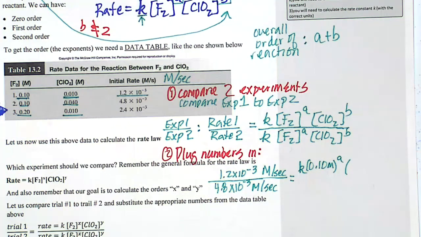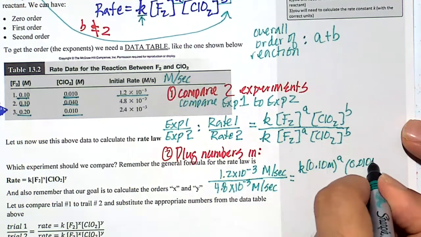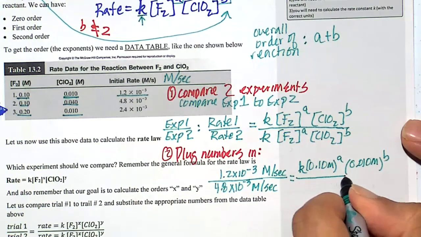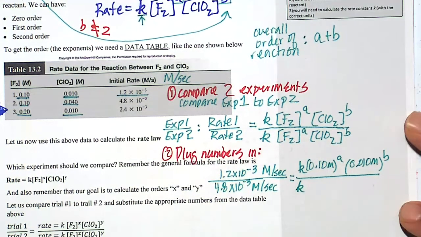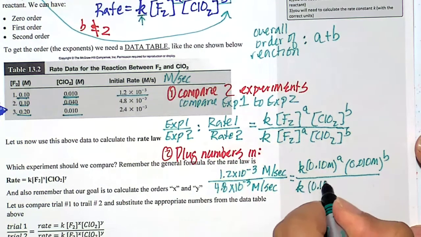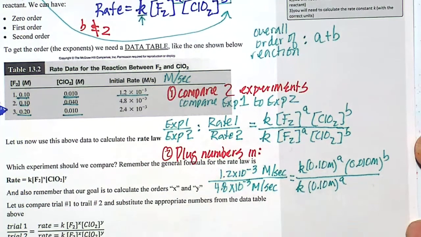It's 0.010 raised to the power of B. Rate 2, K. What's F2, rate 2, experiment 2? It is 0.10 molar raised to the power of A. And then finally, if you guys follow my pen, ClO2, rate 2, experiment 2, 0.040 big M raised to the power of B.